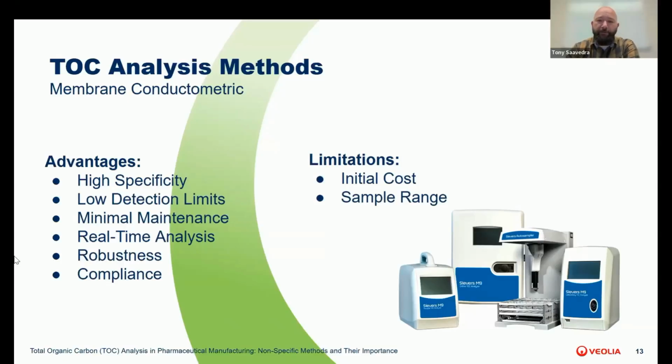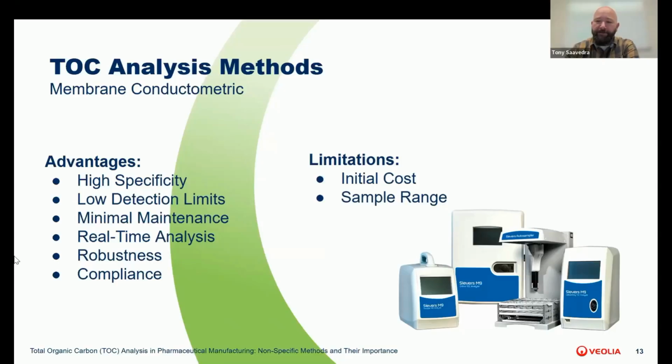Because of the semi-permeable membrane, the conductivity sensor is protected, therefore requiring minimal maintenance. Real-time analysis is another advantage, which is highly valuable for process control in pharmaceutical water systems. And finally, the last two advantages are robustness and compliance.